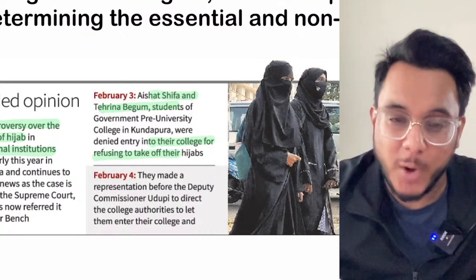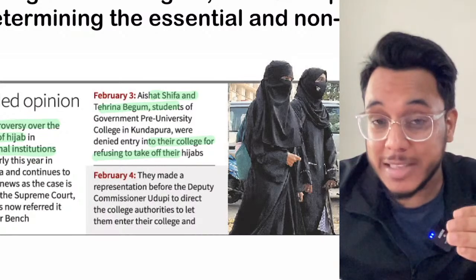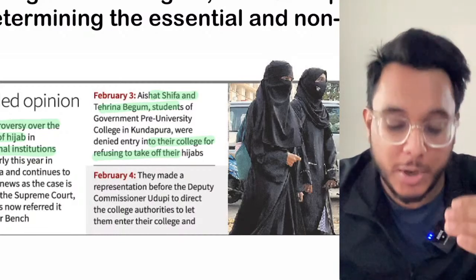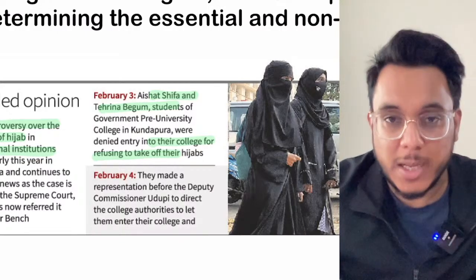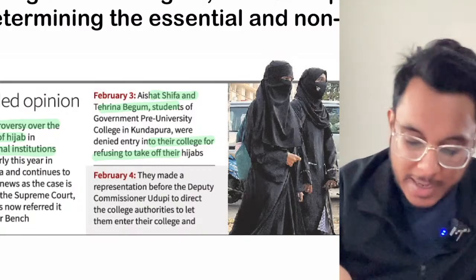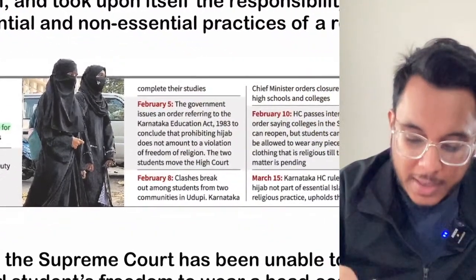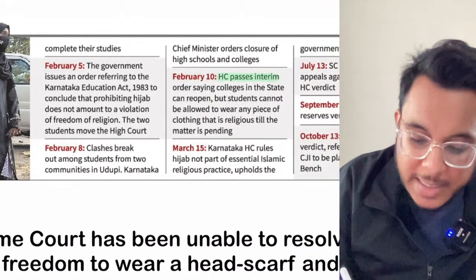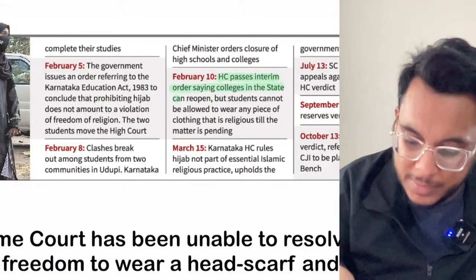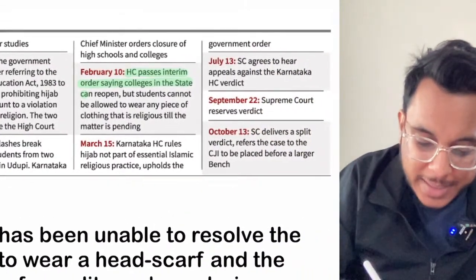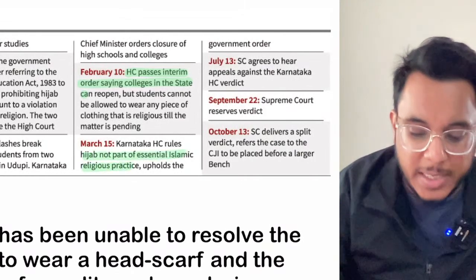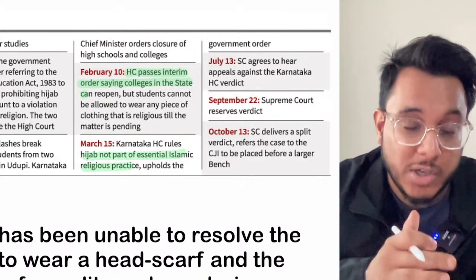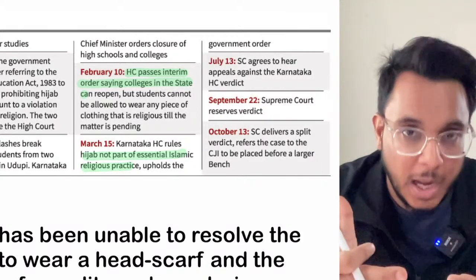From here a question started whether wearing hijab in educational institutions, schools and colleges, can be allowed or not. This matter reached the Karnataka High Court. There were clashes, and at that point the High Court passed an interim order, saying that the college's order was fine and that hijab is not part of essential Islamic religious practice, and therefore if the college wants, they can regulate that practice and might not allow it.